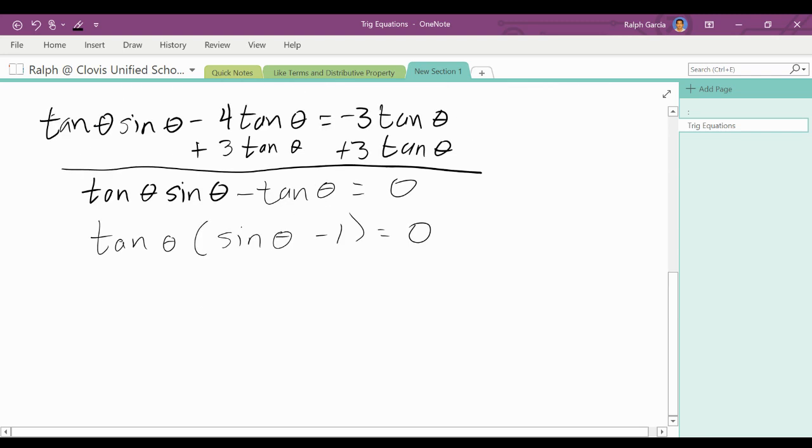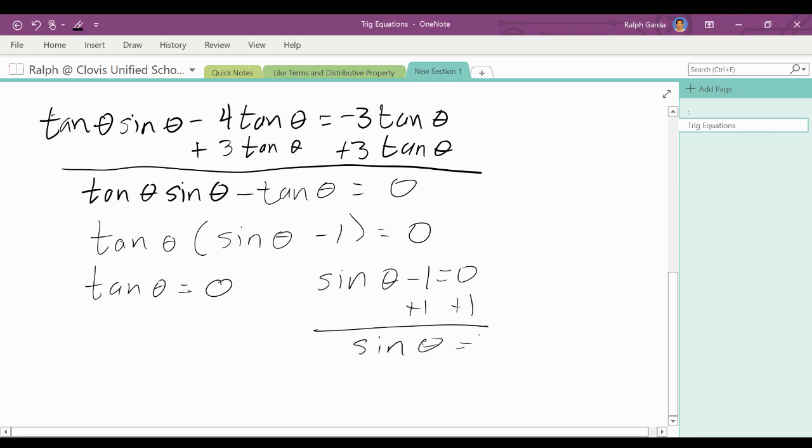Then I'll set those equal to 0. That one's already solved. Add 1 to both sides on the other. Then I'm going to check my unit circle and find out where those particular values are true.